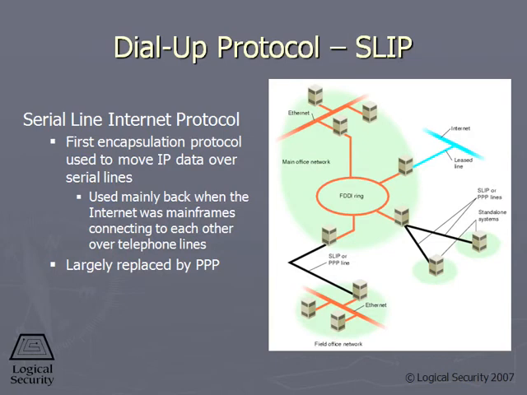Now SLIP was the first dial-up protocol. SLIP was developed when the internet was just mainly mainframes where the different military bases were connected. Some universities were actually connected for research.